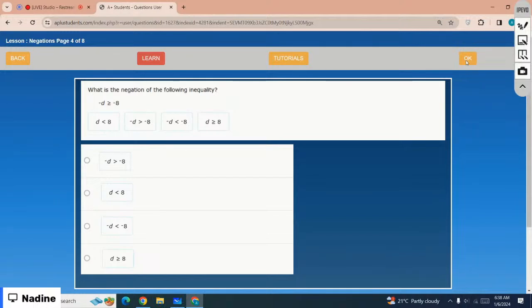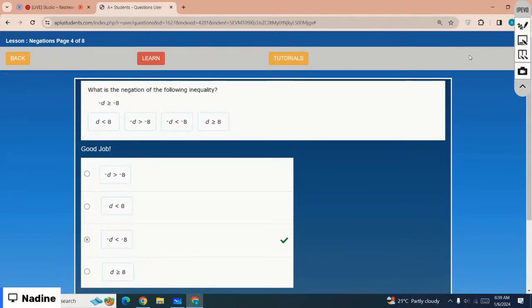Negative d is greater than or equal to negative 8. Yes, negative d is less than negative 8 is the correct one. Very good.